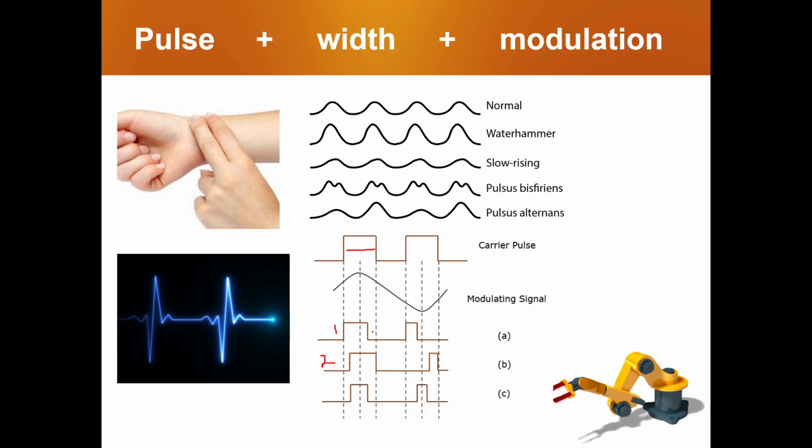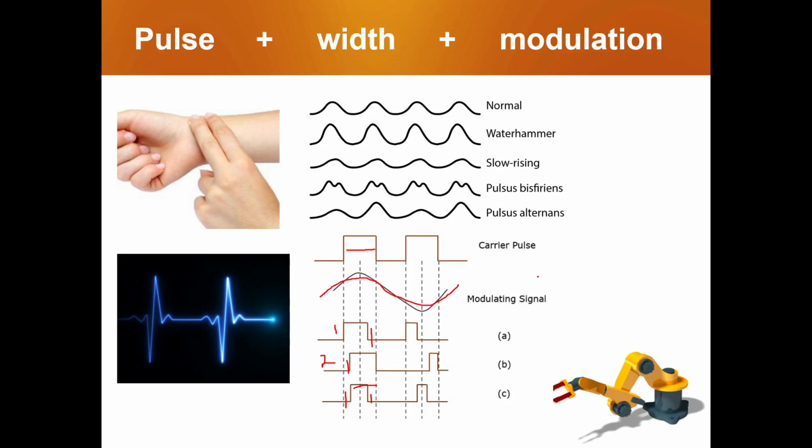You see no signal in this part and no signal in this part. When we are superimposing, we are losing signal here and here. Only the center part is left. Same is happening here. And this is a modulating signal.